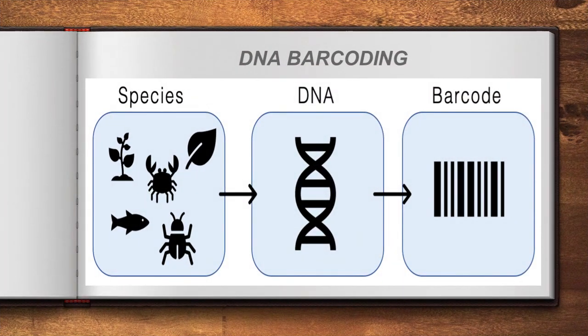The first one is DNA barcoding. Have you seen barcodes? Of course, whenever we purchase a product, there will be a barcode, right? When we go to the supermarket, there is a barcode scanner. When they scan the barcode, they get all the details regarding the product.